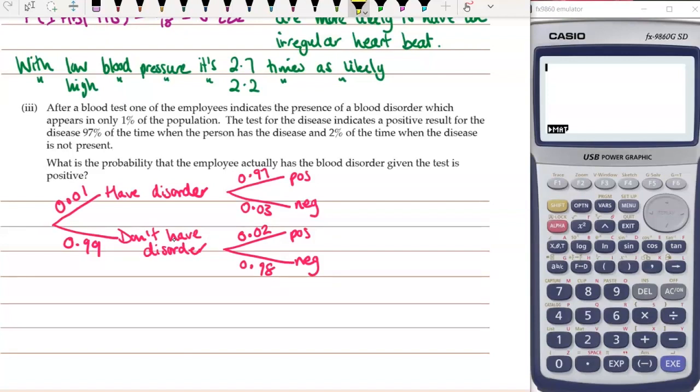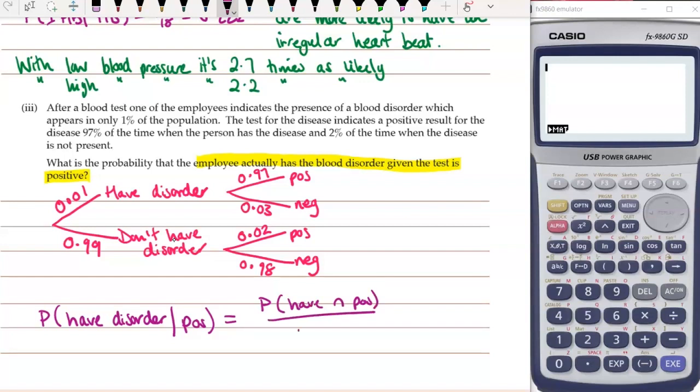Now, what's the probability that the employee actually has the blood disorder given that the test is positive? So the probability that they have the disorder given that they got a positive result is going to be the probability of they have it and it's positive divided by the probability of getting positive.